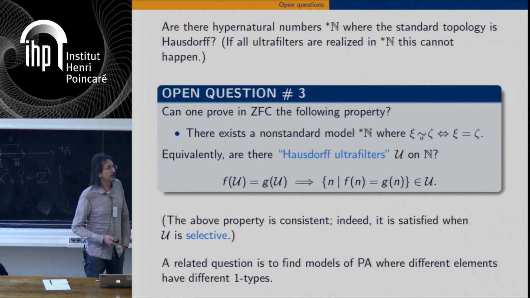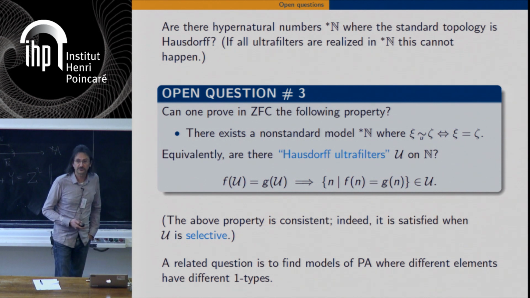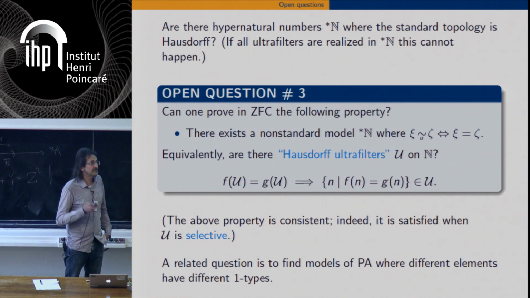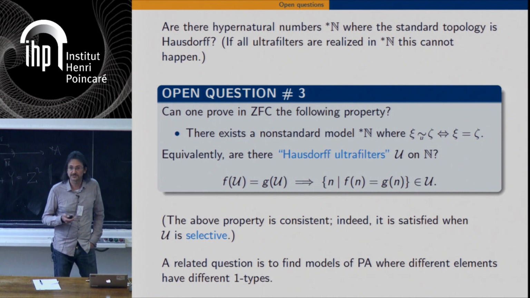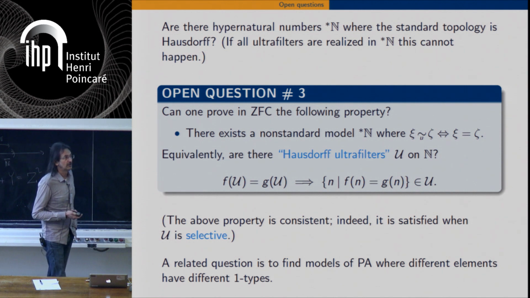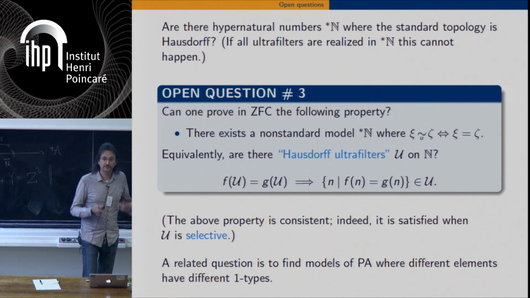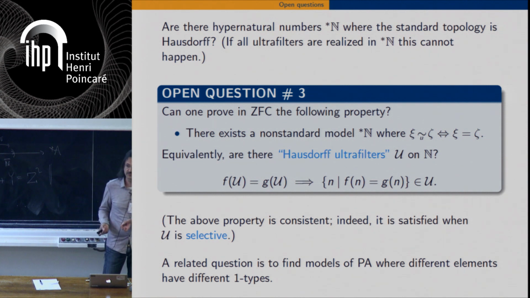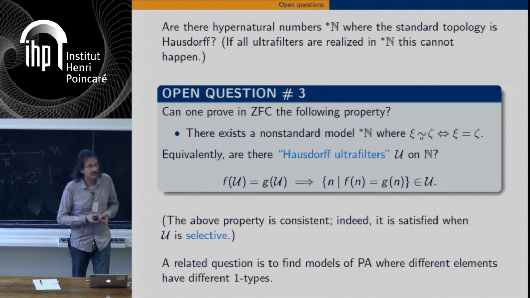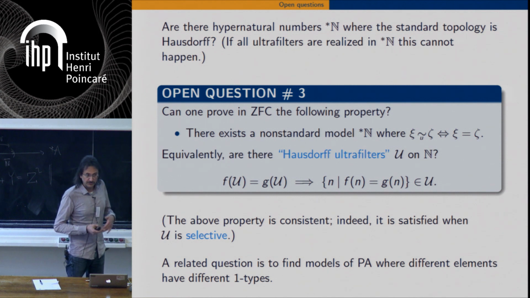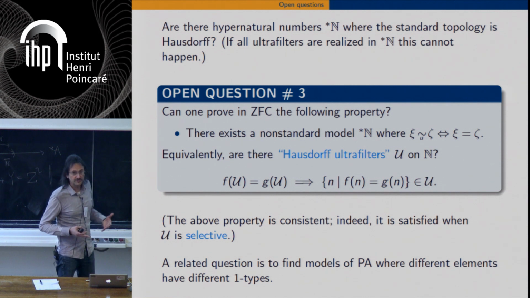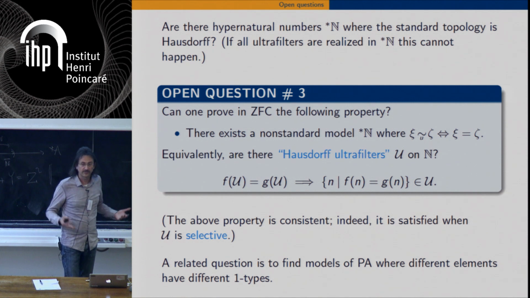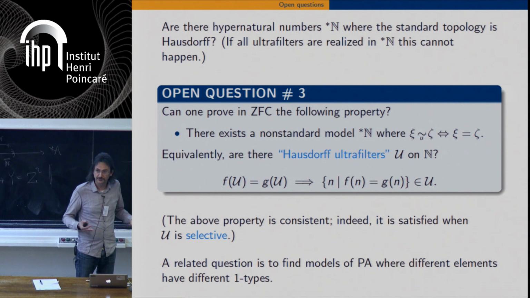Now, another annoying property that we don't know about is about the fact that this U equivalence can be the identity in some non-standard model. Which means, are there models of non-standard analysis where different points have different one types? Now, in non-standard analysis, the language we are using is the richest possible. So here, types are ultrafilters.